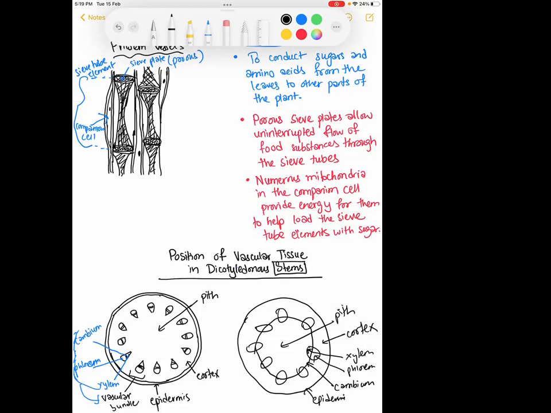And the outer part is obviously the epidermis. Just so you don't get confused, it can also be drawn like this, okay?